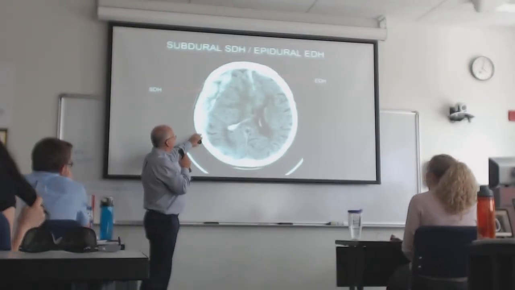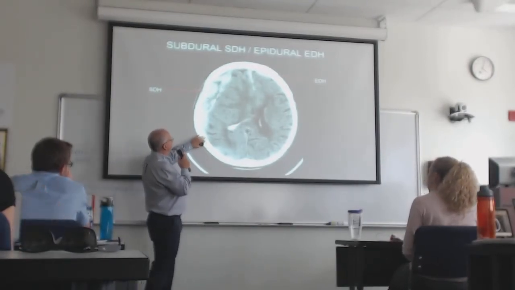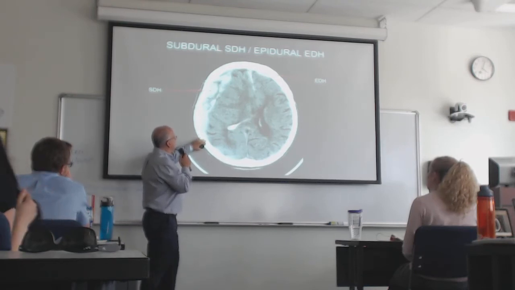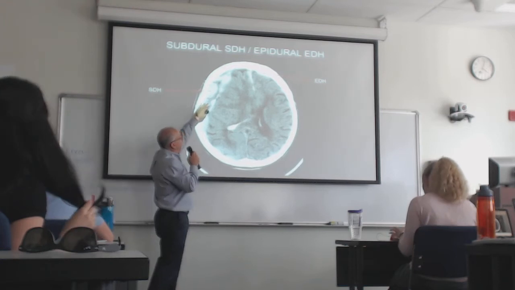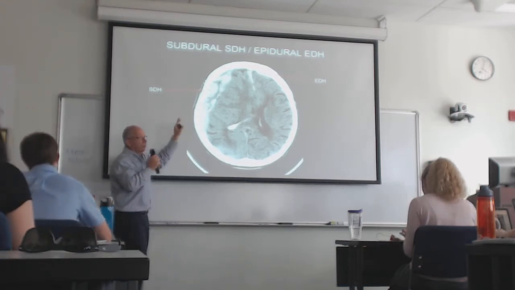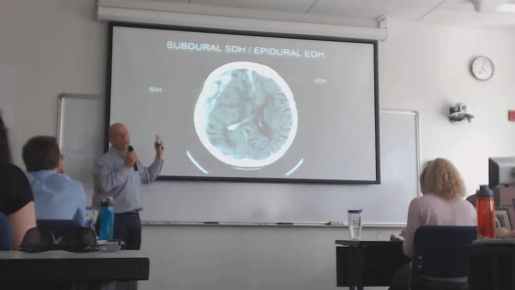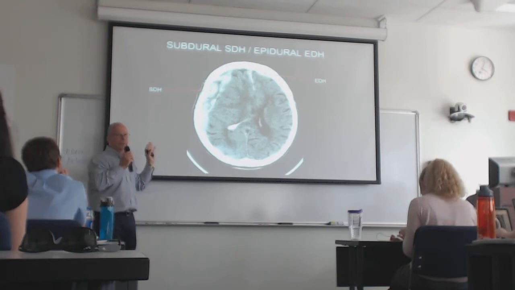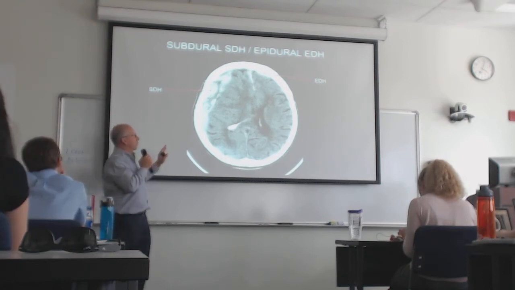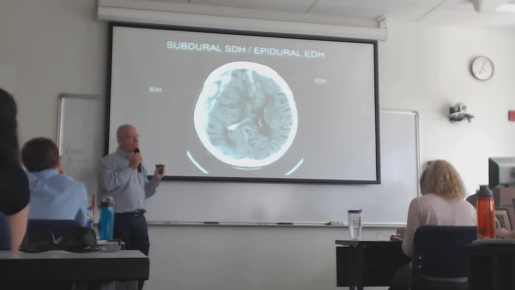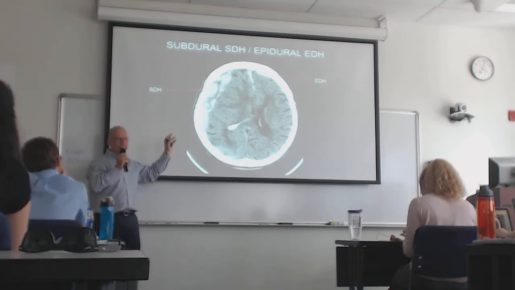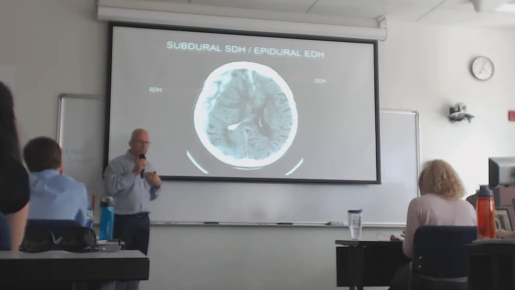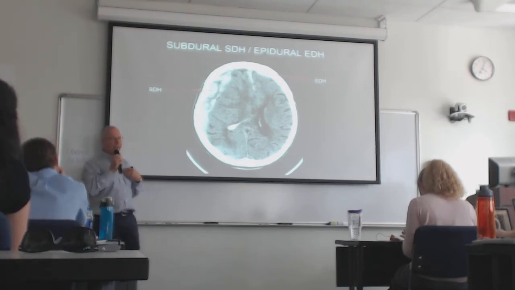Subdural hemorrhages tend to be elongated and occupy a large portion of one side of the brain. I should qualify that, as I want to be cautious here, because understand that these are not hemorrhages in the brain itself. This is hemorrhage outside the brain. Radiologists will call this the extraaxial space.